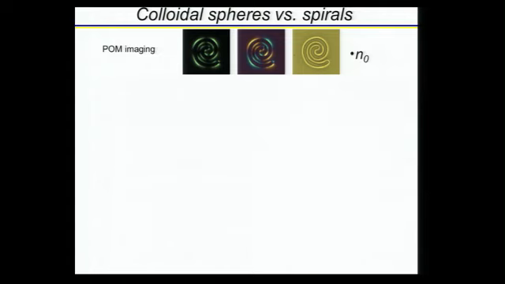So what kinds of shapes can we generate using this photolithography approach? Well, for example, we can obtain colloidal spirals, right? And so in here you can see spiral-shaped particles, two-dimensional in this case, that are introduced into a uniformly aligned liquid crystal.